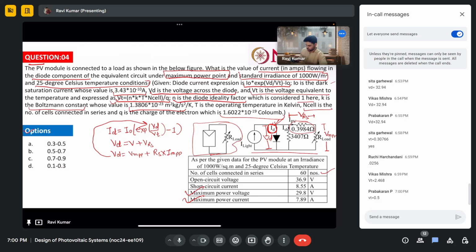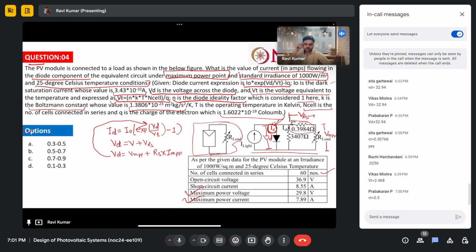I am also doing. No, all are not correct.